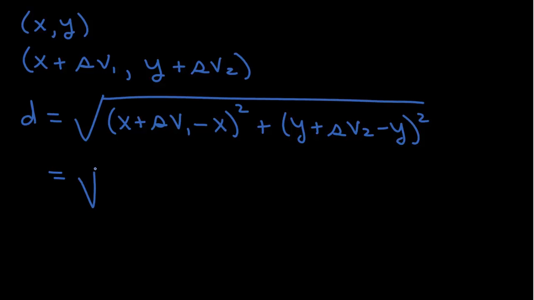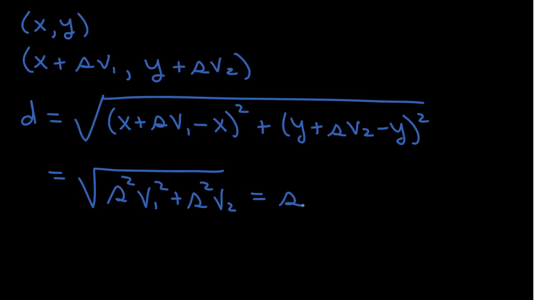Well, it looks like what I'm going to get is s squared v1 squared plus s squared v2 squared. Now, let's assume that s is positive. And if s is positive, I could factor out that s squared, take the square root of it, and I get s times the square root of v1 squared plus v2 squared.